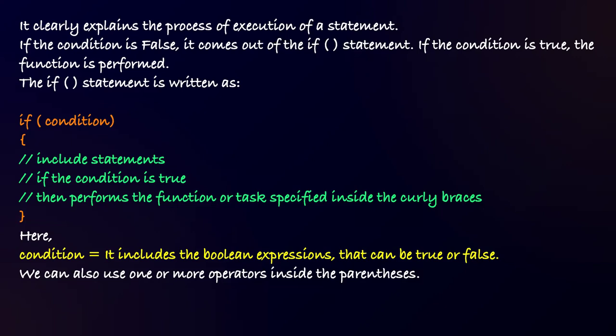So we are using two to three operators over here, right? Mathematical and conditional operators. I hope you remember when I taught you operators in the previous sessions. So inside these parentheses, we can use numerous conditions, more than one condition.